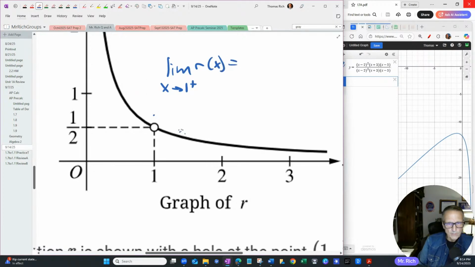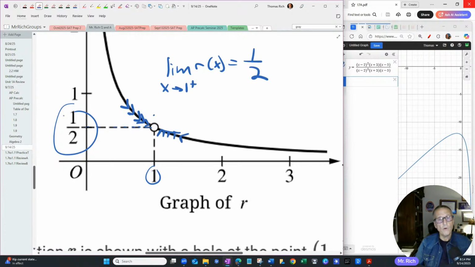As you're coming in to 1 from the right-hand side, the closer you get to the number 1, the closer you're getting to a y value of 1/2. So that limit is 1/2. But that's also going to be the same answer as if you're coming into 1 from the left-hand side, because as your x values are approaching 1 from the left-hand side, you're getting closer and closer again to the y value of 1/2.